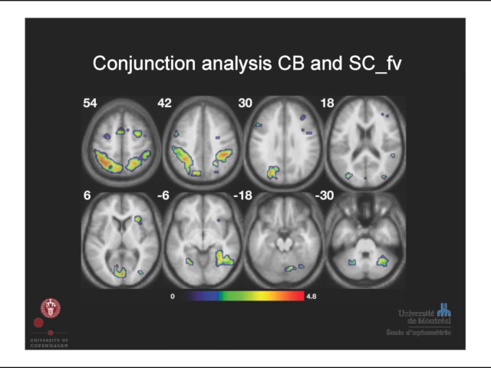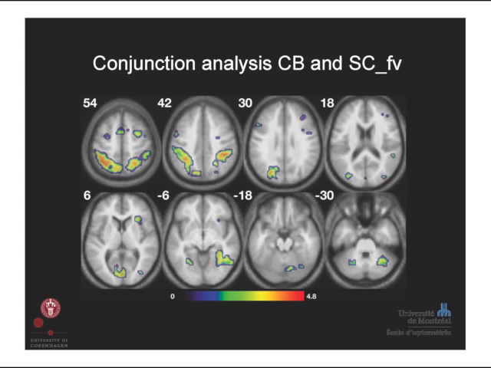Of course, the activations are much larger in full vision in the visual cortex, and they also recruited the parahippocampal gyrus. Basically, the activations that you see here are similar to the ones we see in the blind, but at a much lower level of activation.